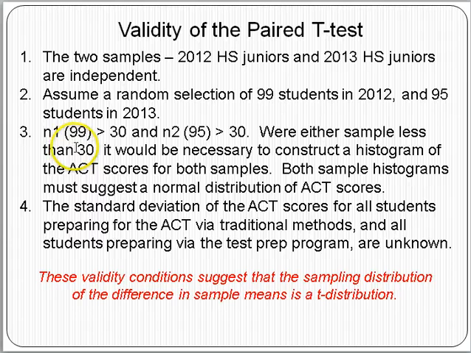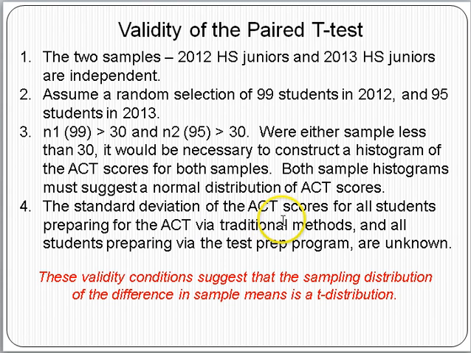Since both n1, which is 99, and n2, which is 95, are bigger than 30, we're okay there. Were either of these less than 30, then it would be necessary to construct a histogram of the ACT scores from both samples. If one of these fails, you have to construct the histograms. Both sample histograms must suggest you have a normal distribution of ACT scores for all students.